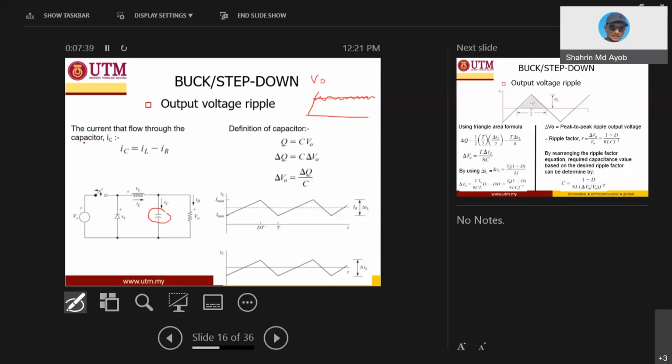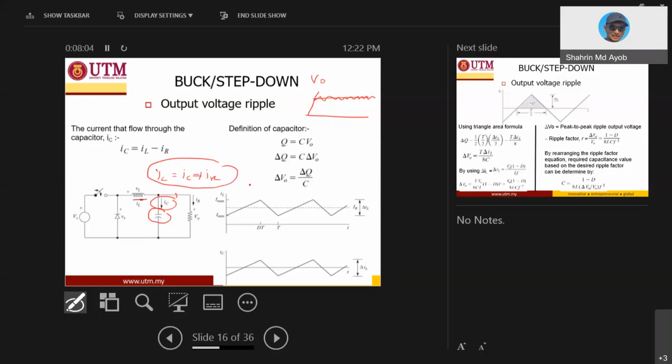So first of all, what you need to do is to know the current waveform of the capacitor, IC. We know that from this circuit, IL is equal to IC plus IR. IL divides into IC and also IR.